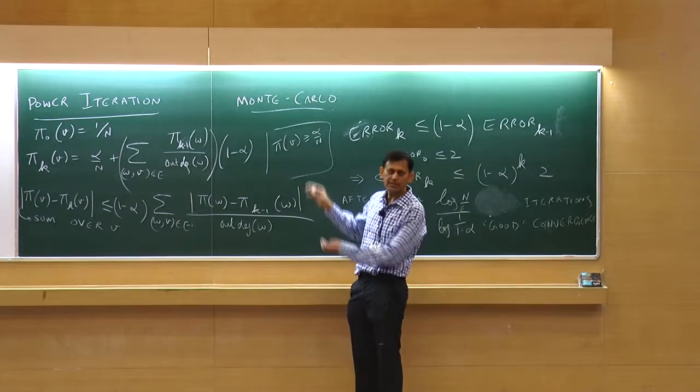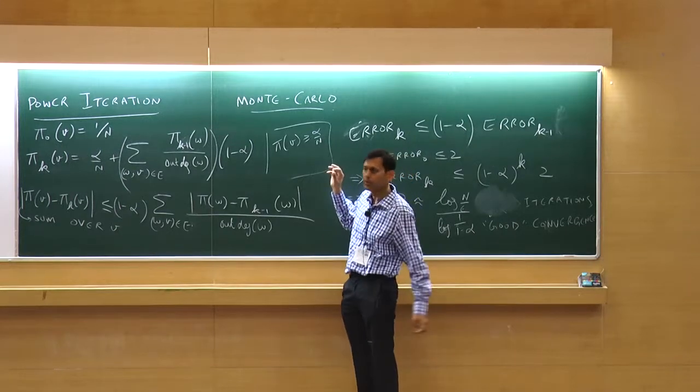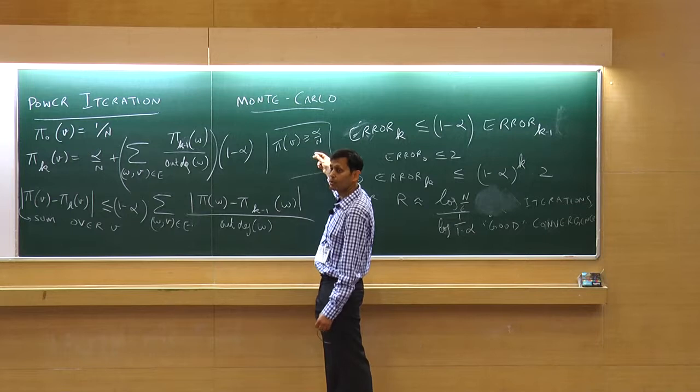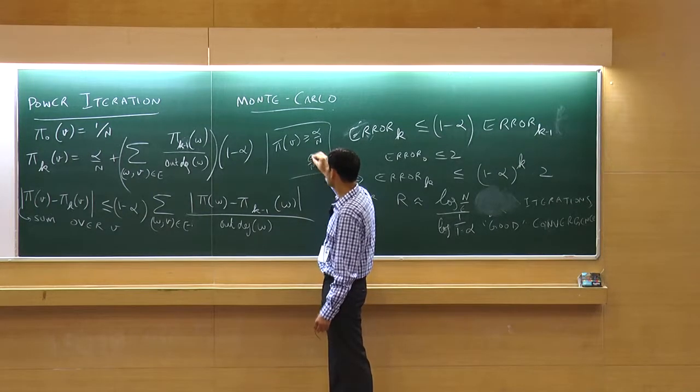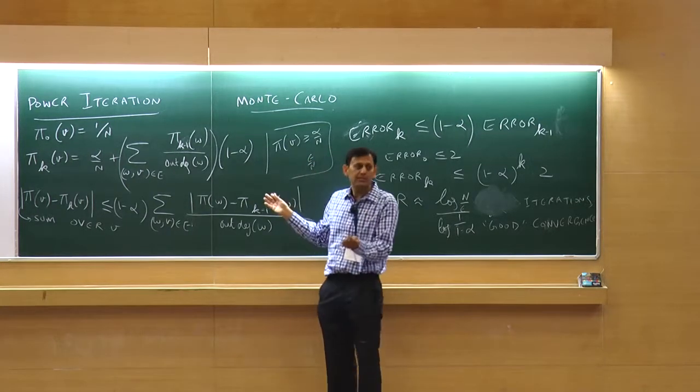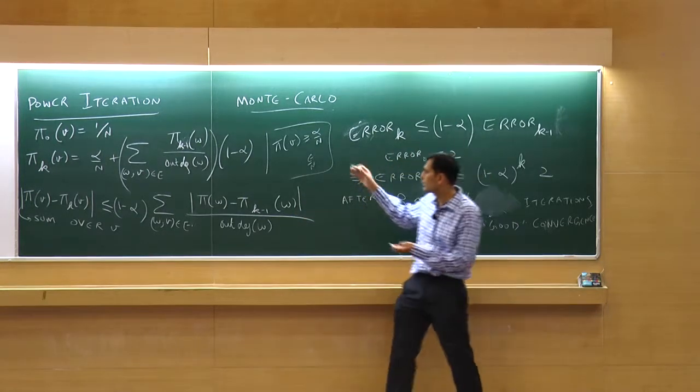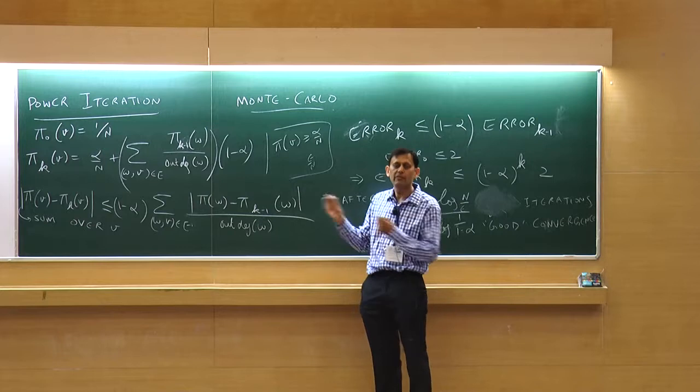Okay? Because that's just the reset probability, the teleport probability. Because you are sure of that, the accuracy that you really want is something like epsilon over n. Just to make sure, if your total variational distance is at most epsilon over n, then nobody is more than epsilon over n away. And so you have a good approximation to the page rank of every node.